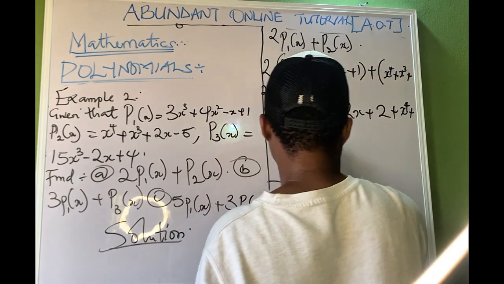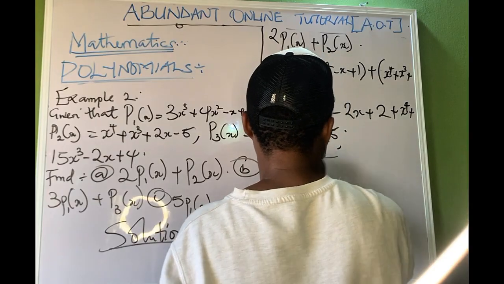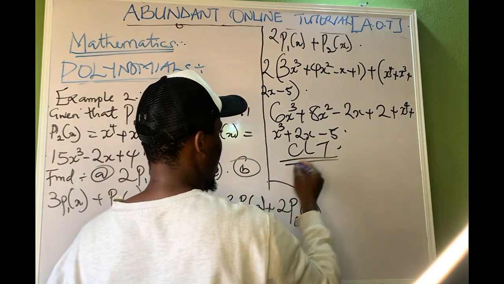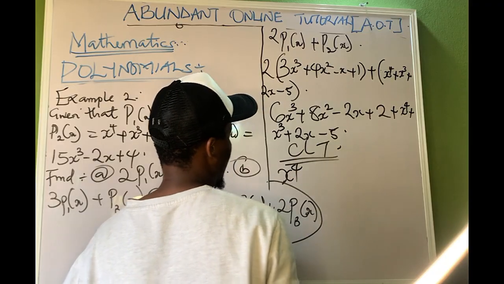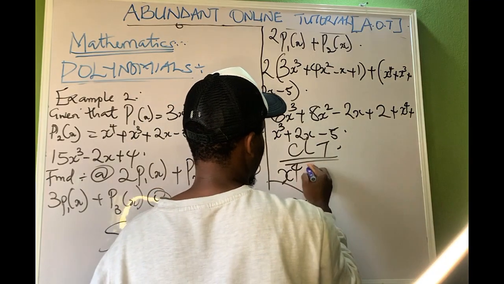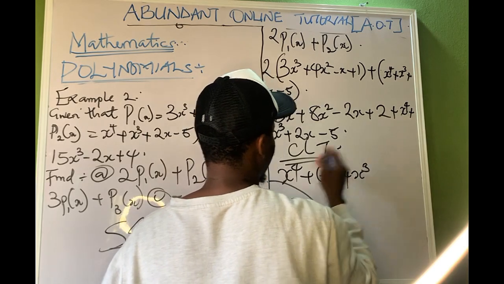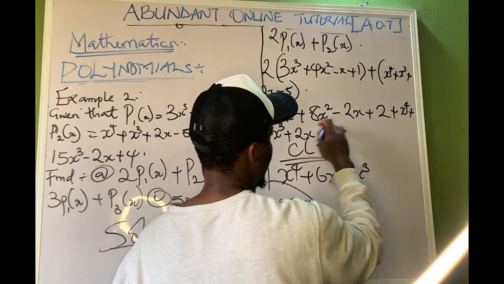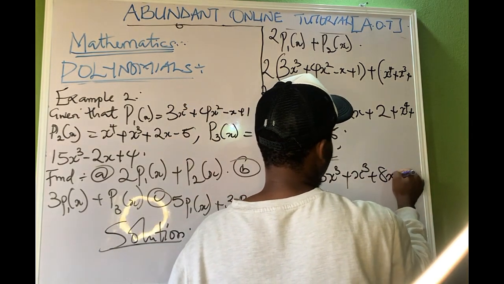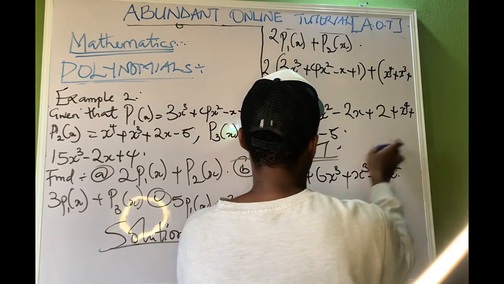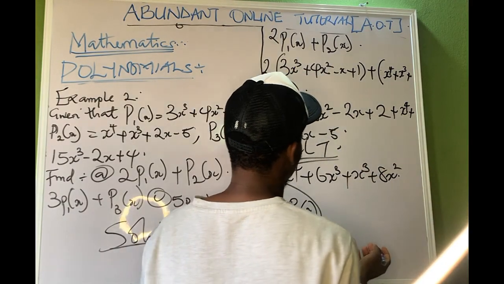So let's collect the like terms. Remember, I have x to the power 4. It comes first. And I have my 6x cubed plus x cubed, followed by my plus 8x squared. Afterward, I don't have any other thing again.